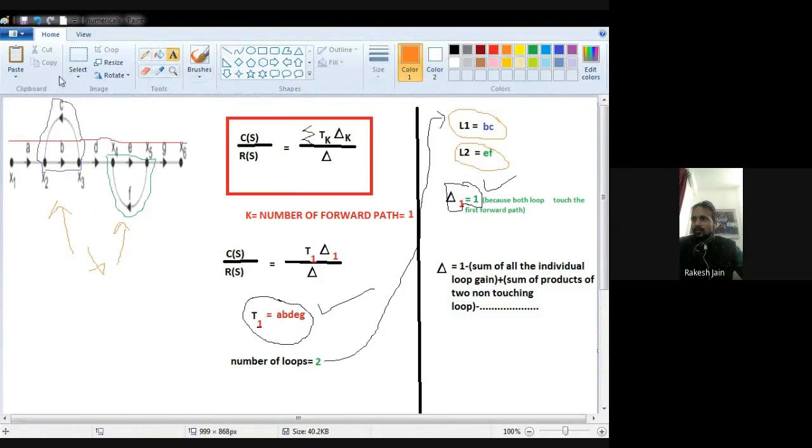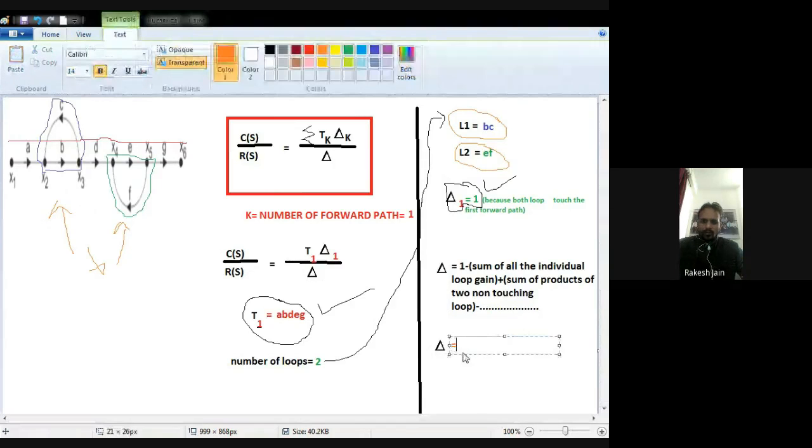So how do we find the value of del for this question? Now see very carefully. Del is equal to 1 minus the sum of all the individual loop gains. Here there are only two loops, one is BC and the second loop is EF. So 1 minus BC plus EF, plus the sum of products of two non-touching loops.